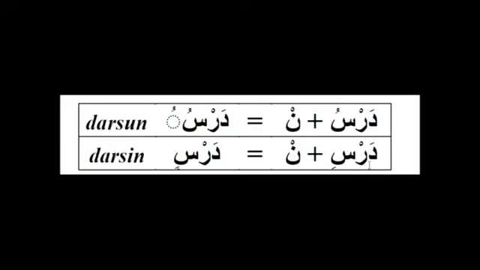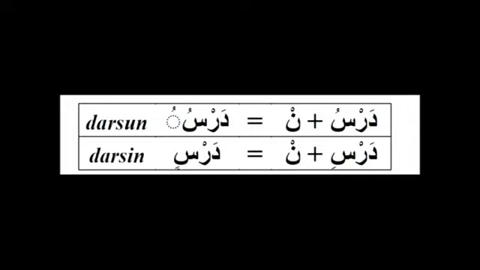For the second example, darsin, instead of putting the noon, we would just put two kasras. For some words there are rules that we'd have to learn in deeper courses and deeper lessons.